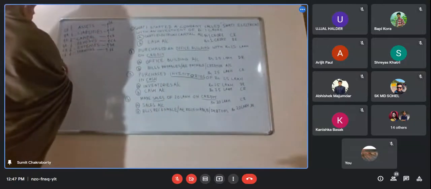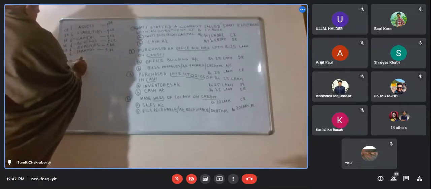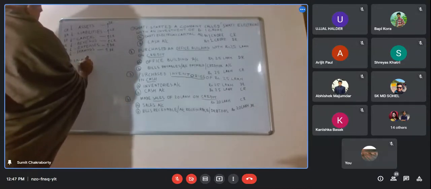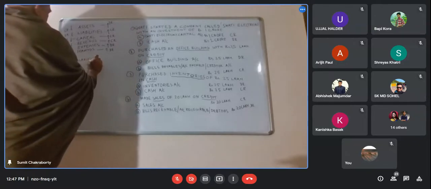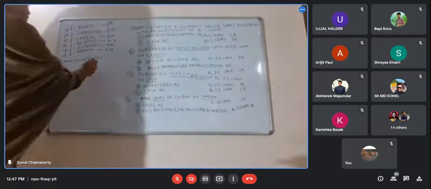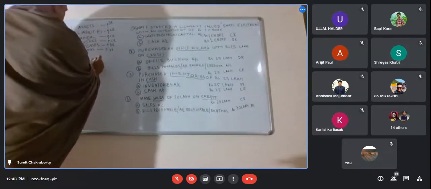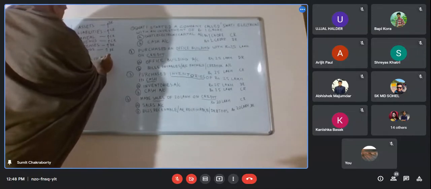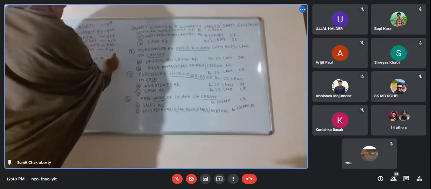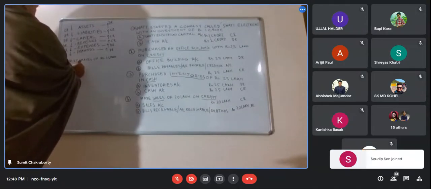4, 5, paid salaries of rupees 1 lakh by NEFT.